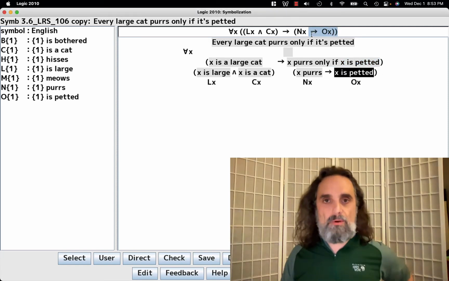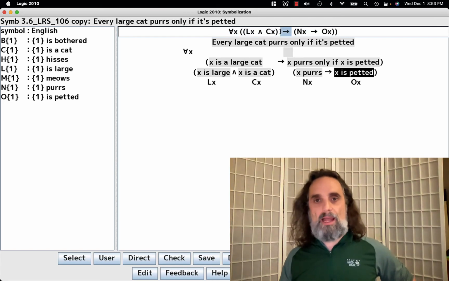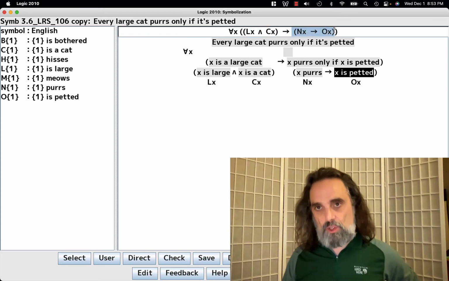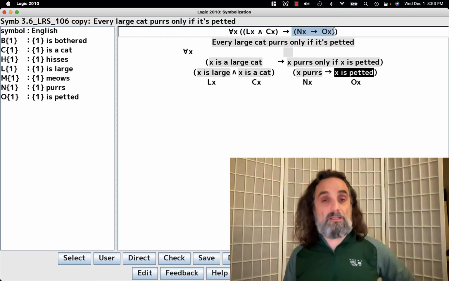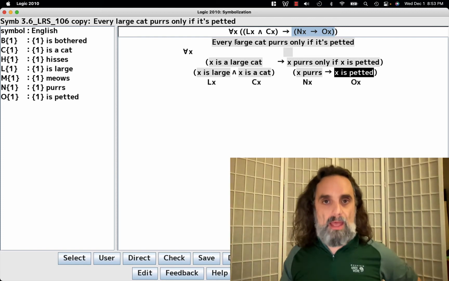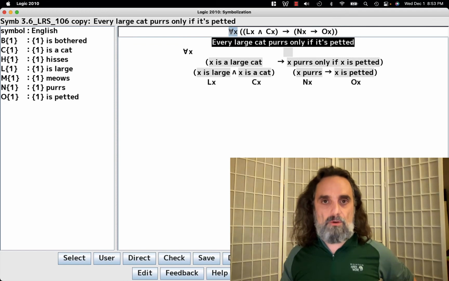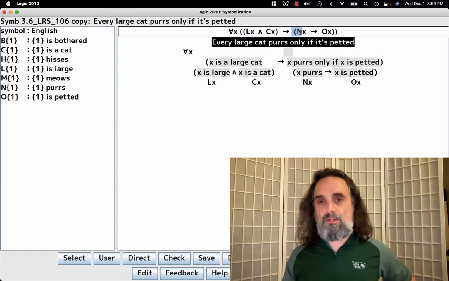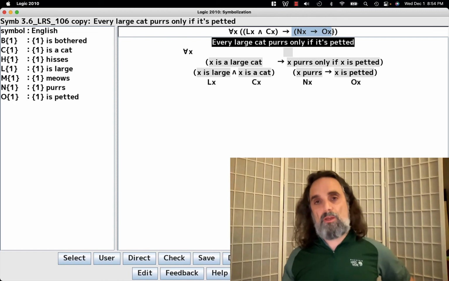So this is getting pretty big, right? It's a universal, and then a conditional, and then inside the conditional is a conjunction on one side and a conditional on the other, and that's a pretty complicated sentence. But we know how to break it apart. The every is what's giving us the universal and the conditional and all the x's. This is the noun phrase part, large cat, and this is the verb phrase part, purrs only if it's petted.